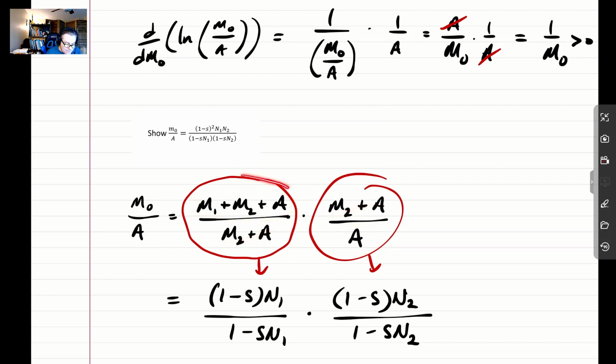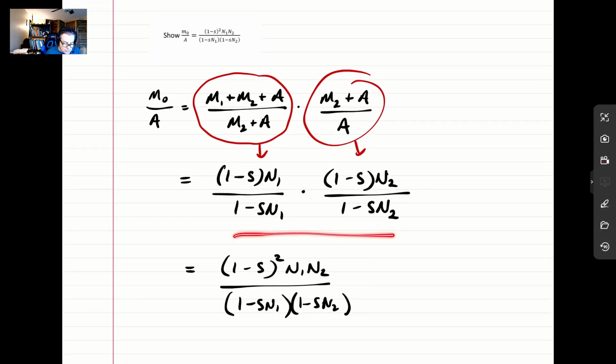Perfect. So this can be expressed in terms of n1, and this can be expressed in terms of n2, and that means when you multiply those two together, you got two factors of this 1 minus s, so 1 minus s squared. The n1 and the n2 can be multiplied together, and these guys you just have to multiply together in the denominator.